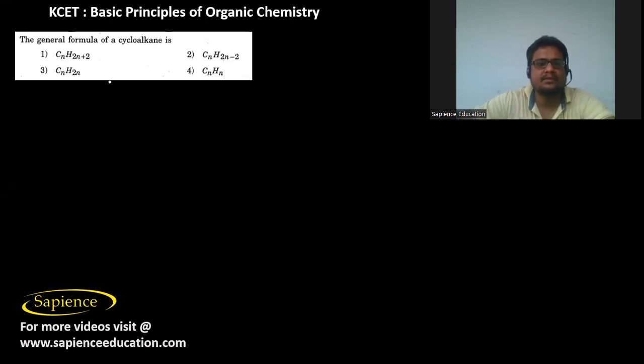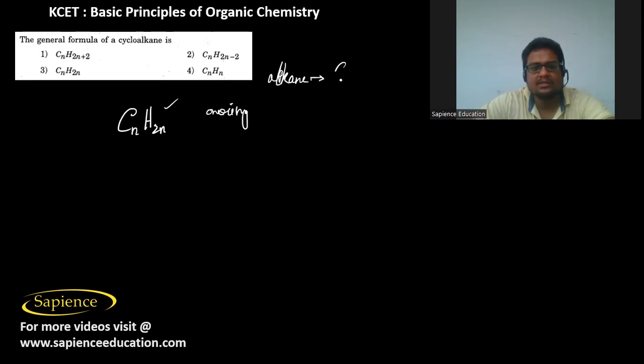The general formula of a cycloalkane is CnH2n, since when one ring is formed, two hydrogens are removed from an alkane. If we have only an alkane, which is not a cycloalkane, then the general formula is CnH2n plus 2.